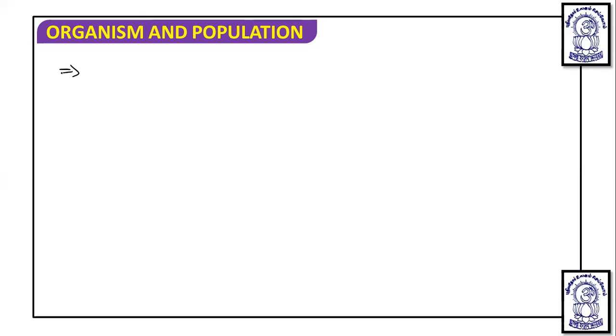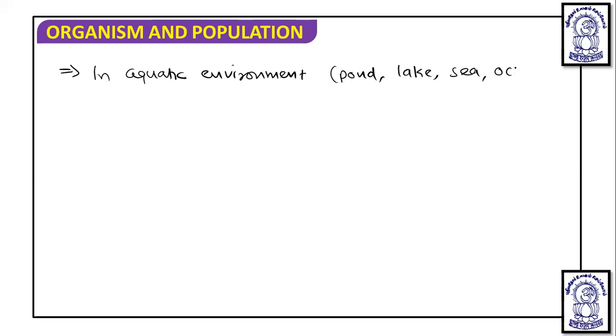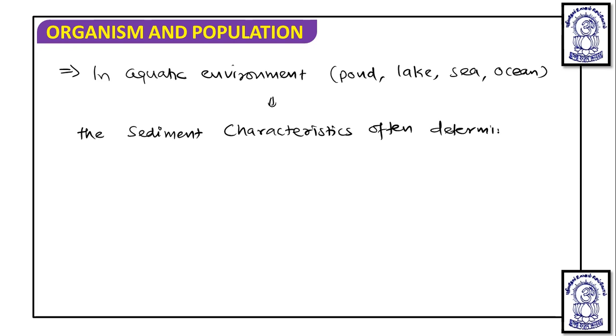We should write it, okay: in aquatic environment, that is pond, lake, sea and ocean, the sediment characteristics often determine the type of benthic animal that thrive there or that reside there.